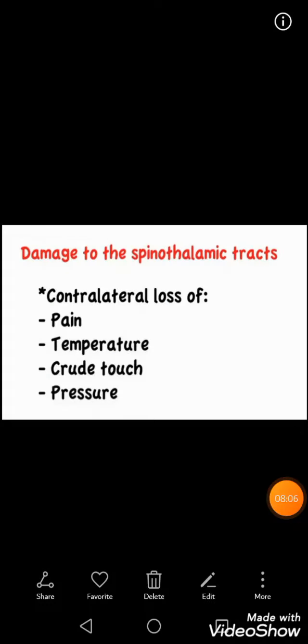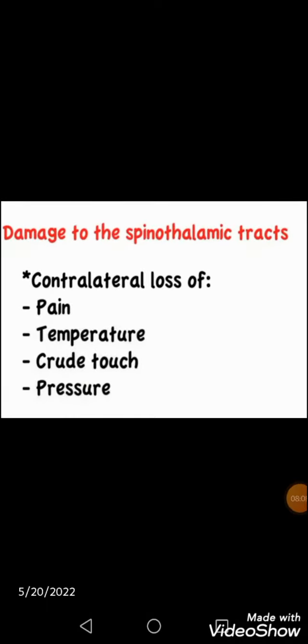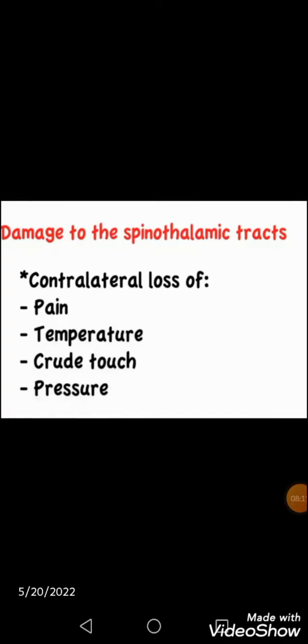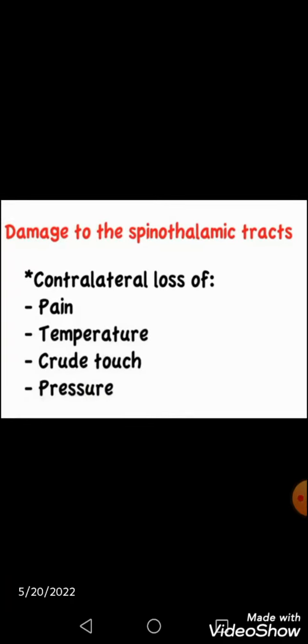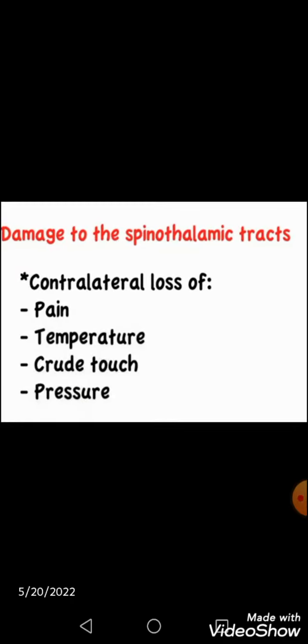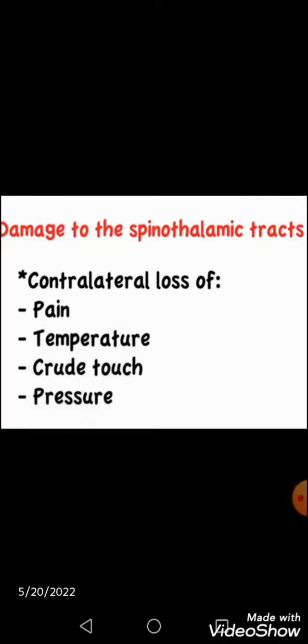So we must know that if the anterior and lateral spinothalamic tracts are damaged by any injury or any other phenomena, we have the contralateral loss of these 4 sensations, that is pain, crude touch, temperature and pressure, right?